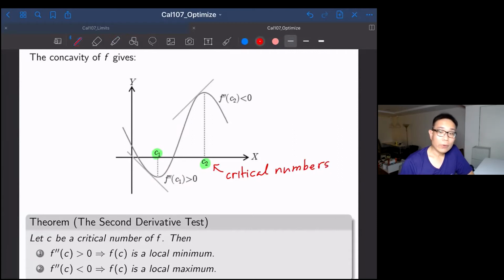And you want to test whether the critical number turned out to be a local maximum or local minimum. So in this case, you have 2 points like this, and you see that this guy is going to be below the tangent line.